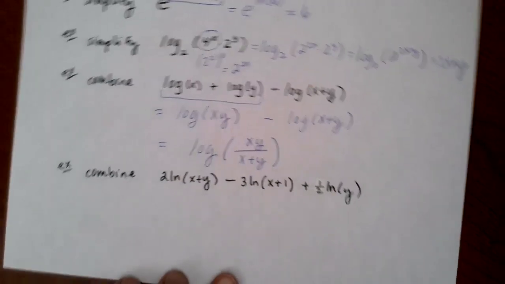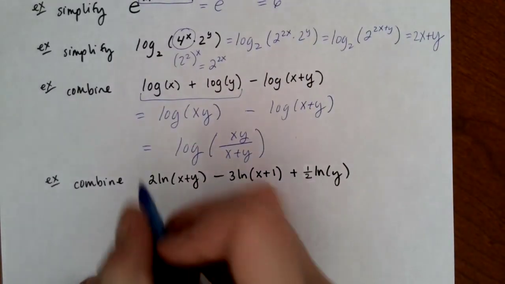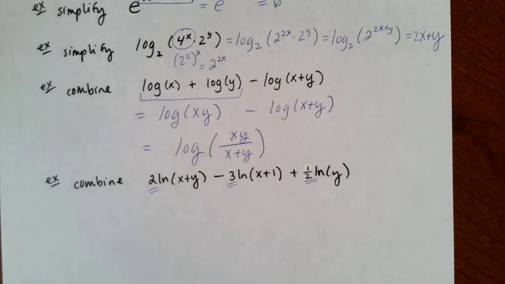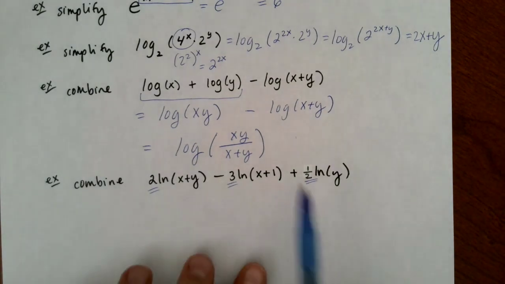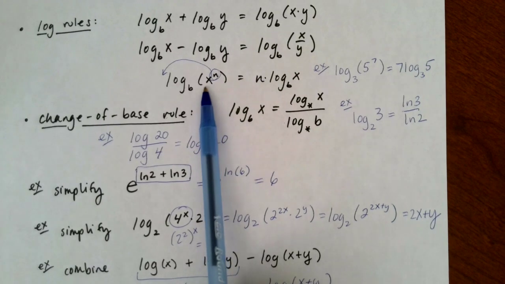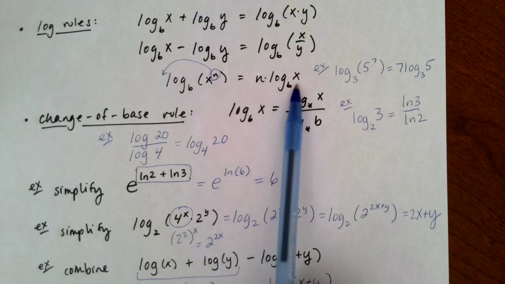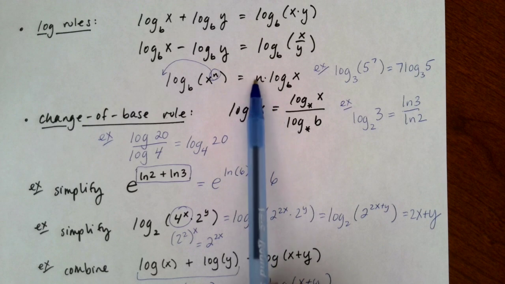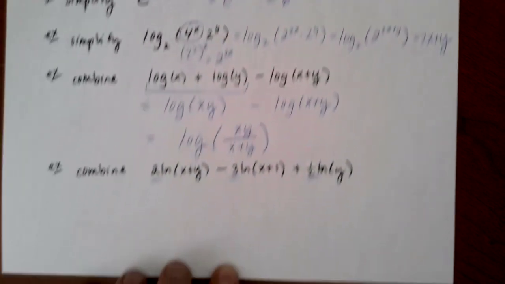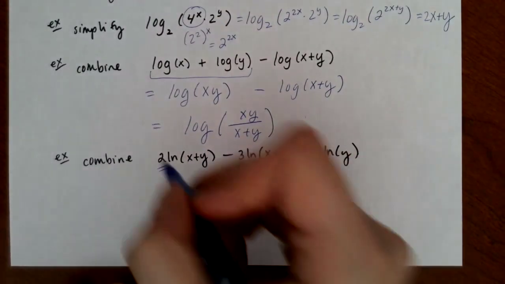So we can't use those combining rules until we get rid of these numbers that are out front. And to do that, we're going to use this last log rule here. So we're going to use it in the other direction, right? So if I have a number out front, I can pull it back up as an exponent. So that's what I'm going to do in all three of these logs.